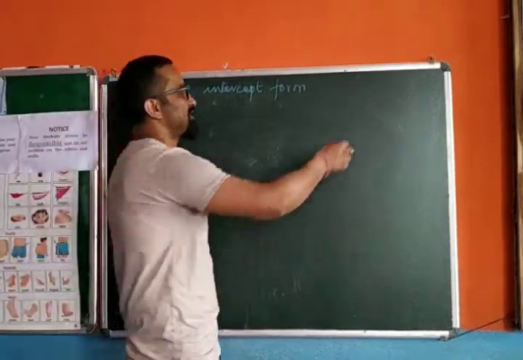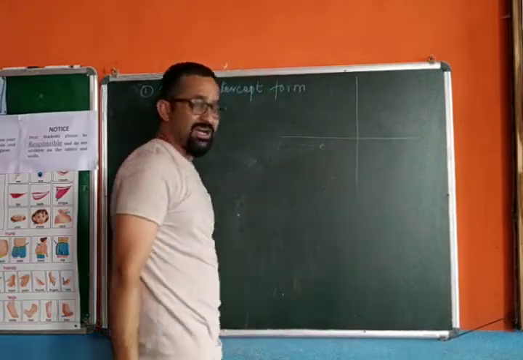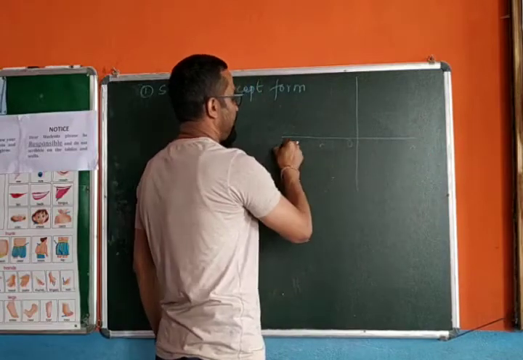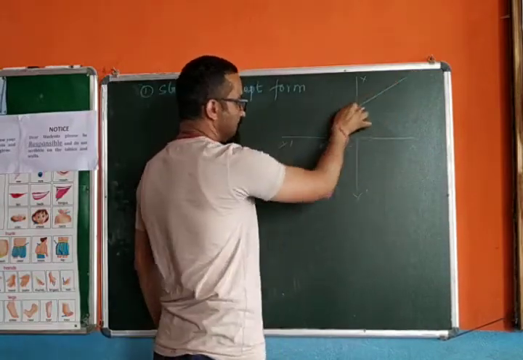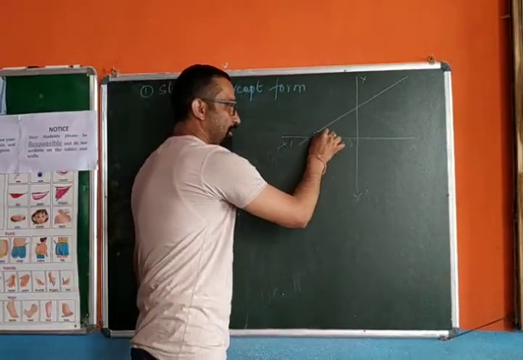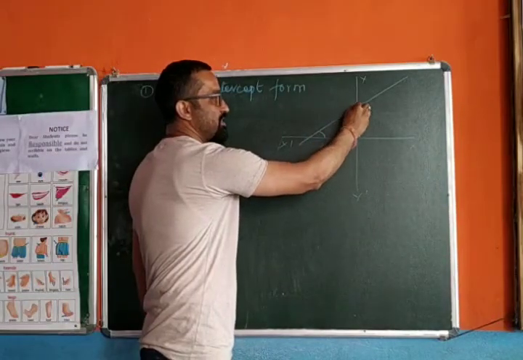C is y-intercept means that suppose you have Cartesian system, origin, x, x dash, y, y dash, line is passing. You have slope given out here and this is y-intercept.